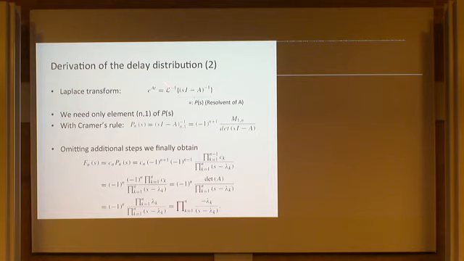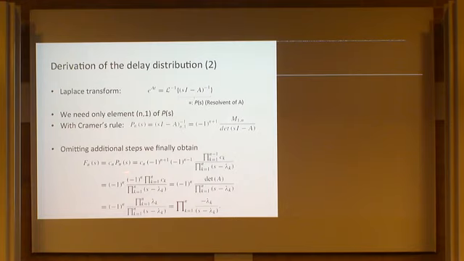What we use first is the Laplace transform. So the matrix exponential can be written in this form. This is called the resolvent. As I said, we only need element n1 of this P of s. For that we can apply Cramer's rule. Then this looks like this, where we have the minor 1,n of matrix A. Now I omit additional steps, but finally we get the following solution.